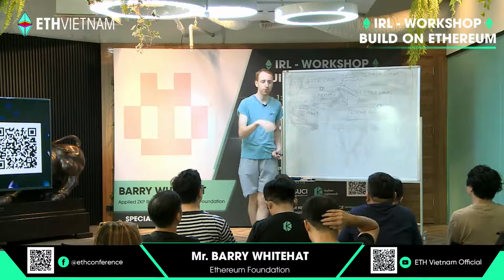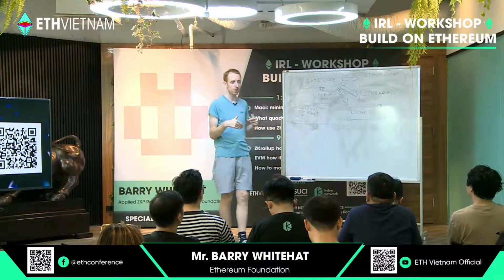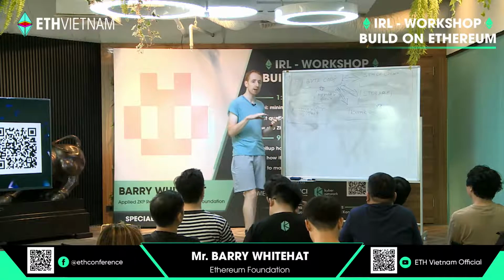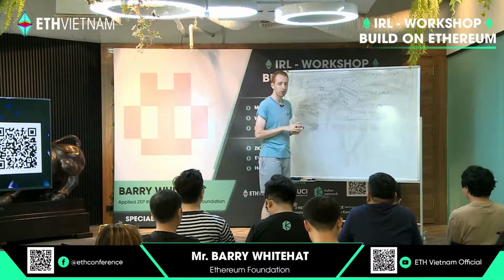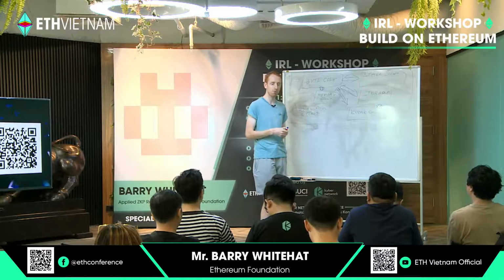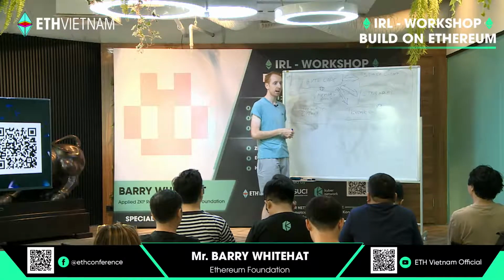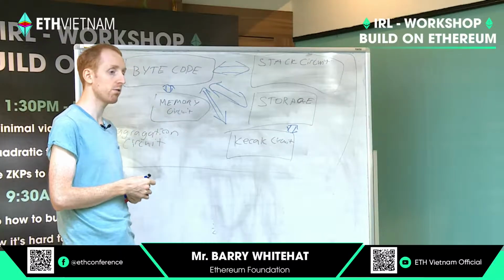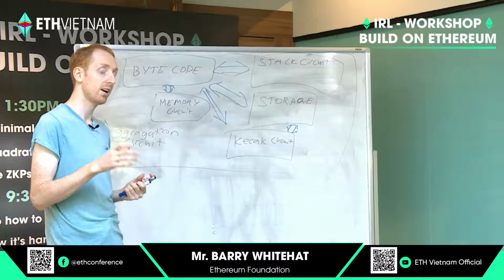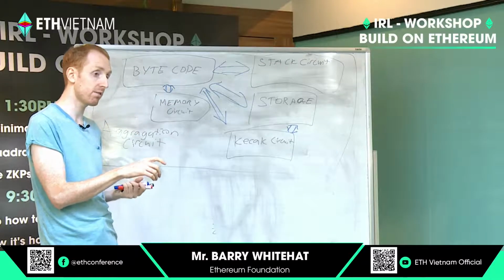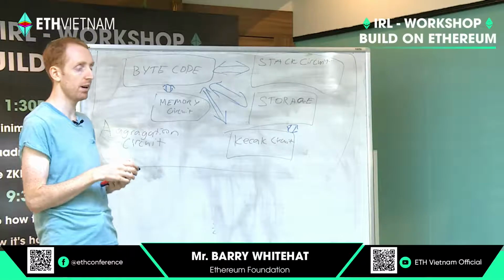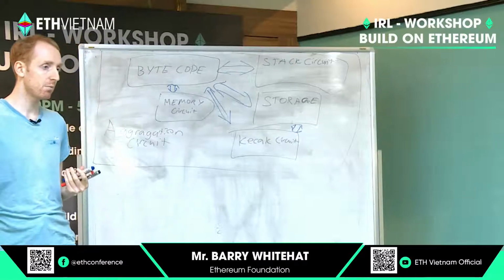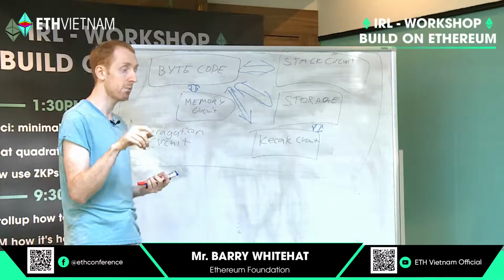When we were talking earlier, we talked about push and pop and simple stack opcodes, but it's not actually as simple as that, because there's push one, push two, there's push 32, where you're pushing different numbers of bytes onto the stack. And the memory opcode has a similar pattern where you can do mstore, but you can also do mstore 8, where in one case you're storing 256 bits in memory, but in the other case you're storing 8 bits in memory.